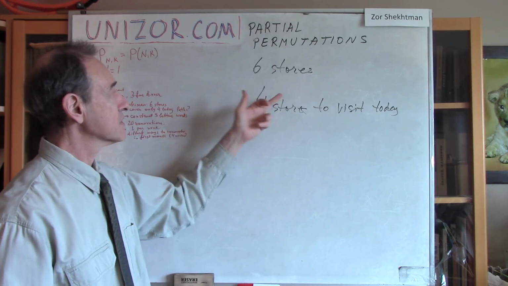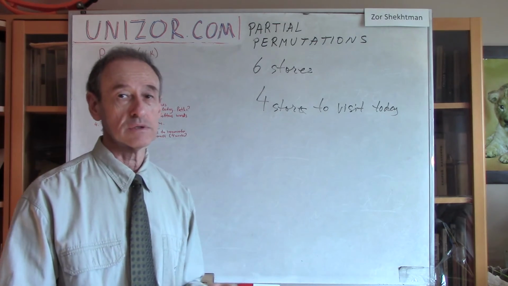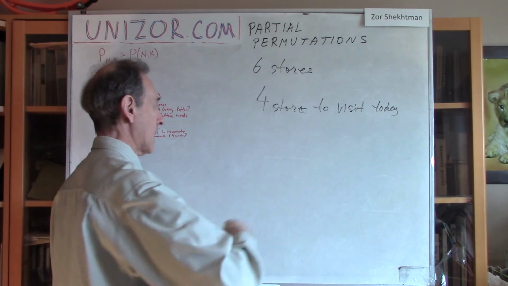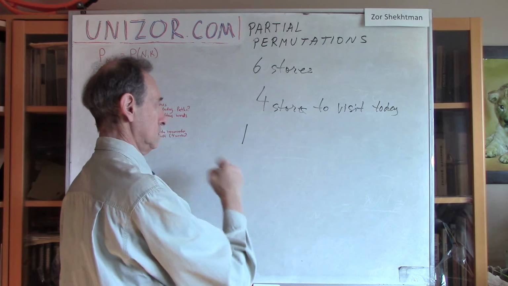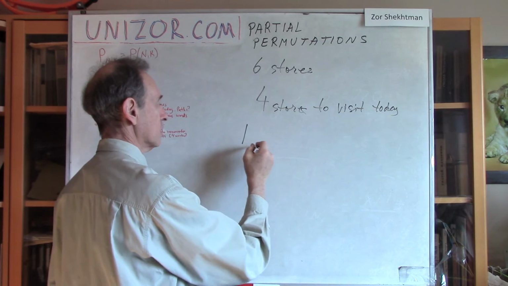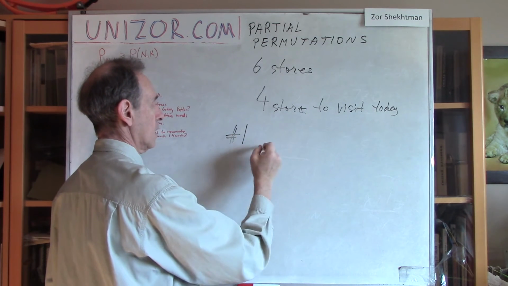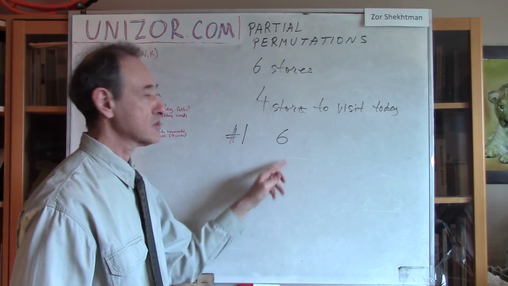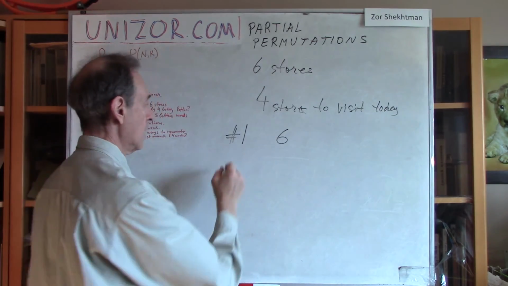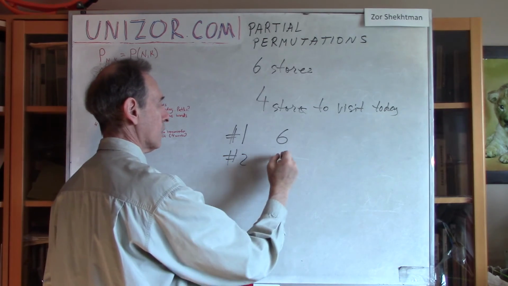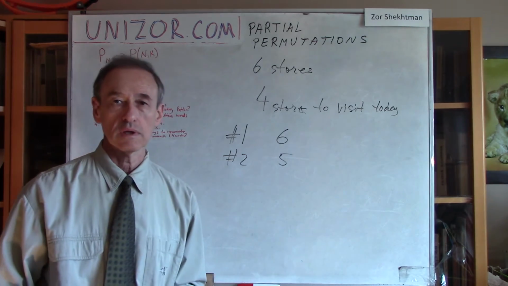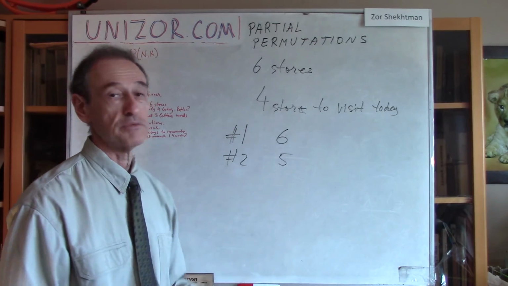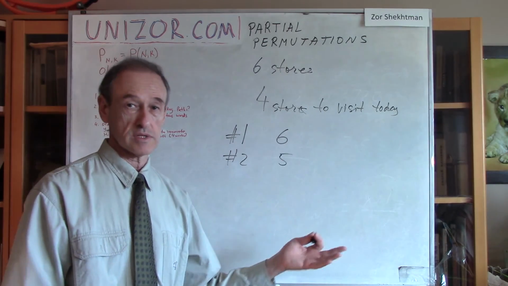So out of the 6 stores, he has to pick 1 as the number 1, and that gives you 6 choices. So out of these 6, he has to pick which one he will visit first. Then he has to pick which one he visits second, and he has only 5 choices left because 1 is already visited.